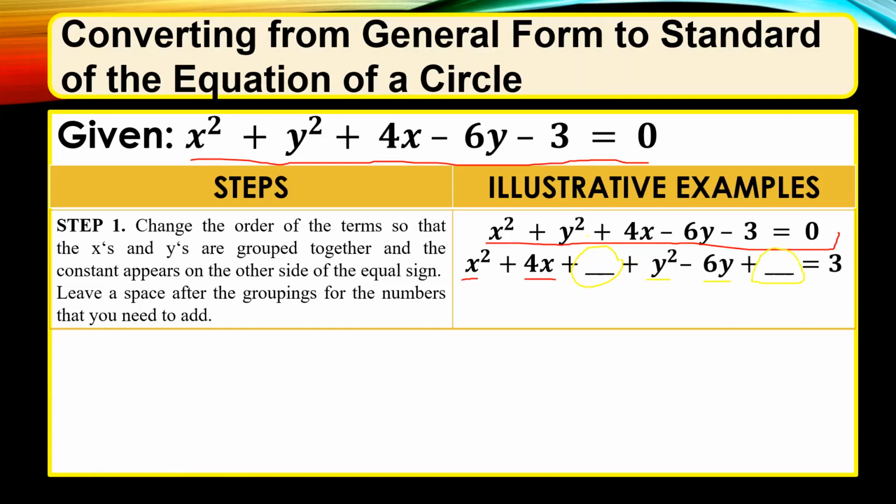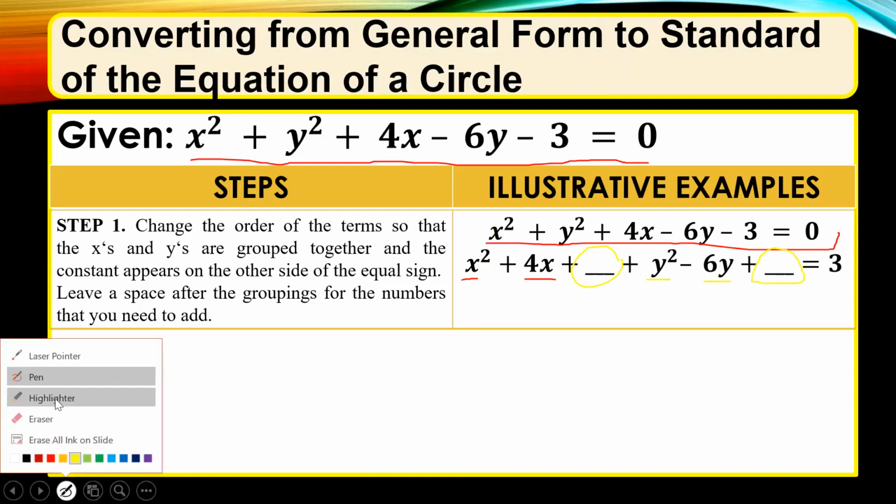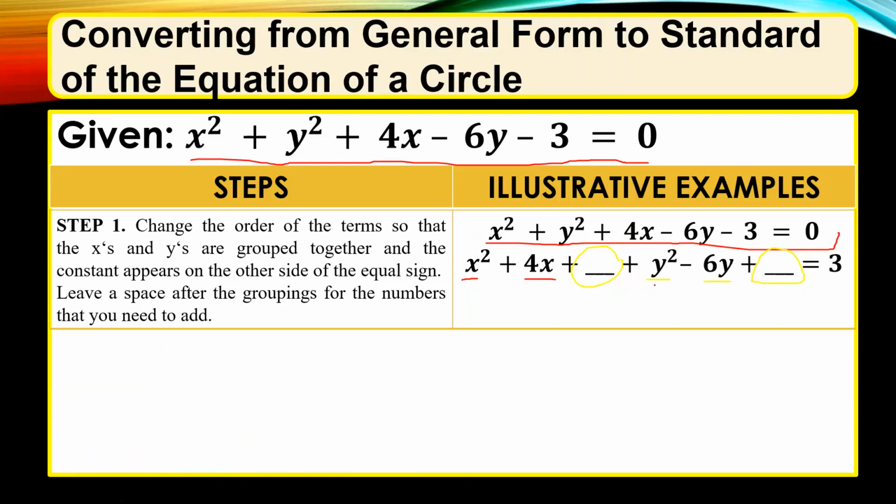So again, x squared plus 4x plus blank plus y squared minus 6y. We just group in terms of x and in terms of y.